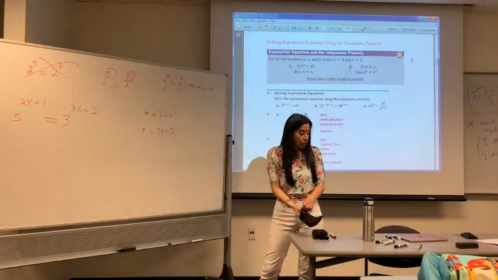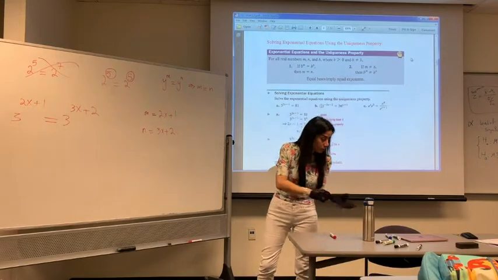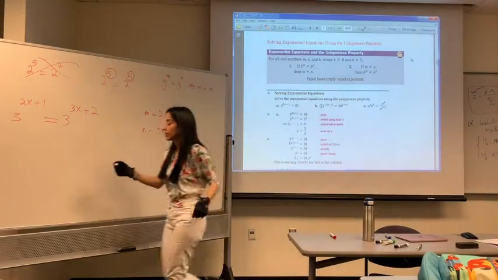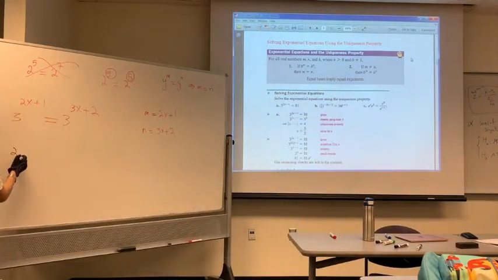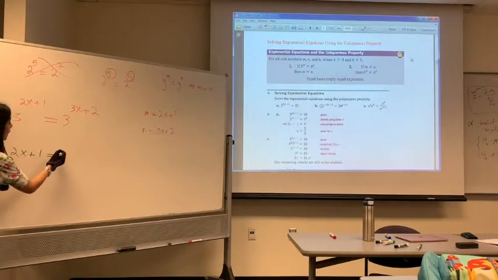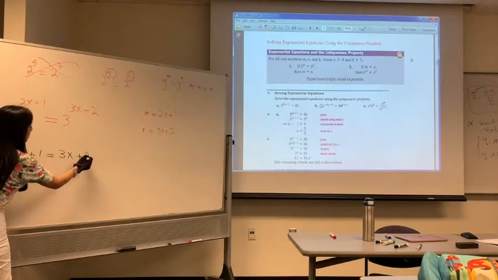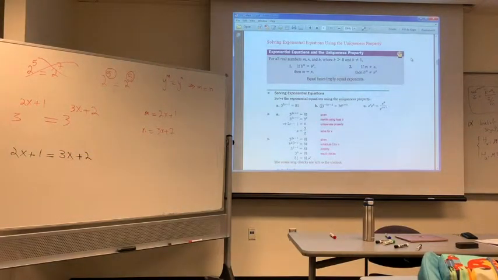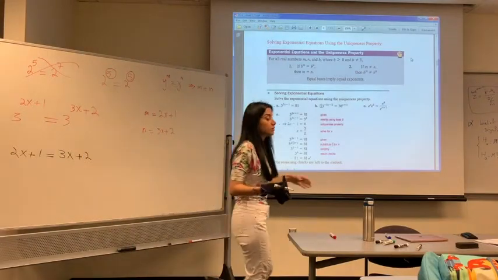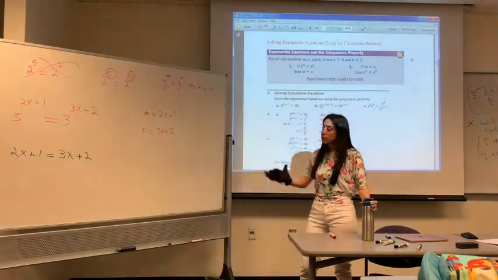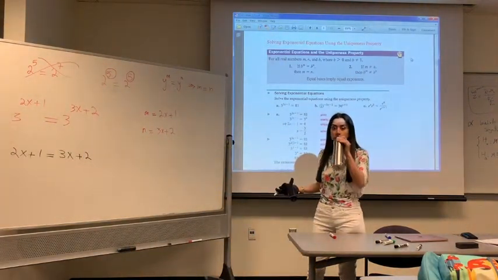So we say, according to this rule, 2x plus 1 has to be equal to 3x plus 2. Now we have an unknown, x, and we are solving for x. You can solve it because you have just one variable.